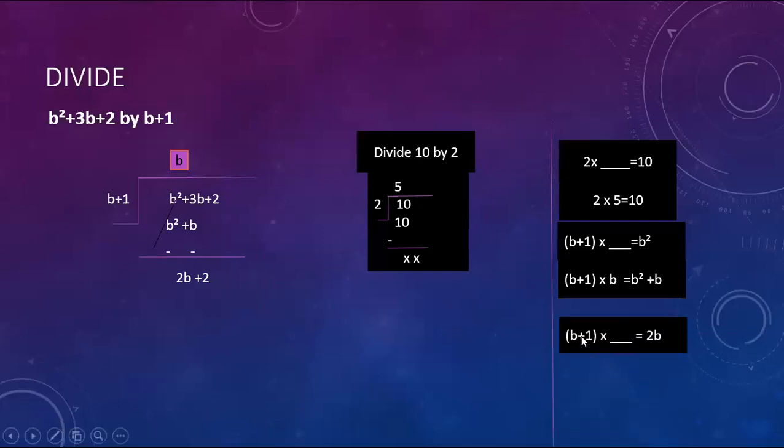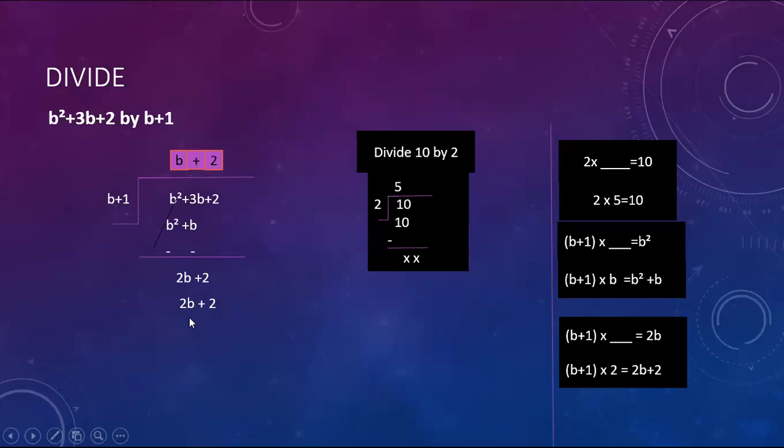So in the rough work, b plus 1 is multiplied with 2 to get 2b. b into 2 is 2b, plus 2 ones are 2. So I can write this 2b plus 2 over here, and when we multiply b plus 1 with plus 2, I get 2b plus 2.